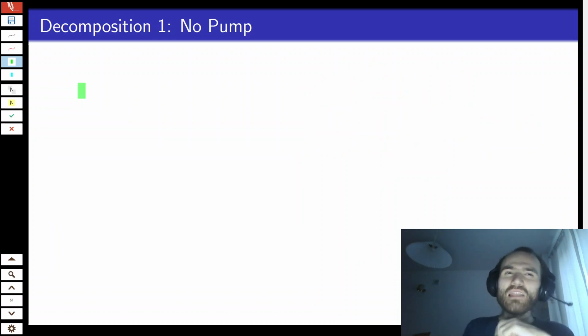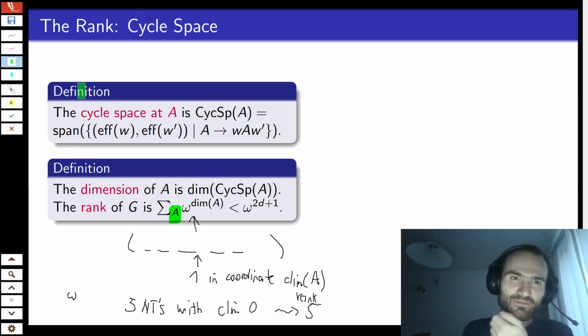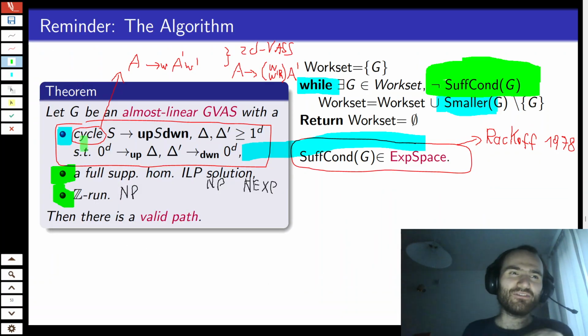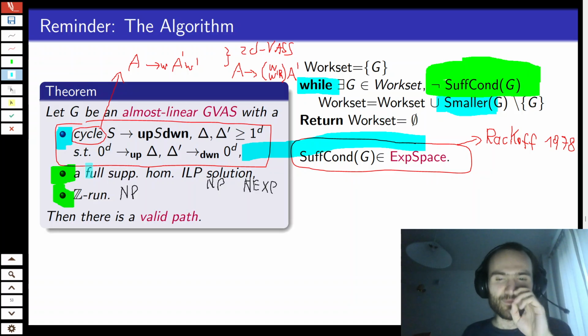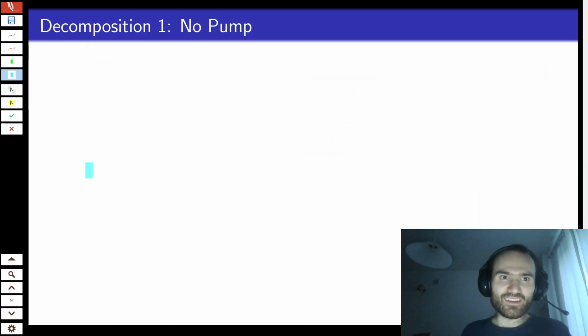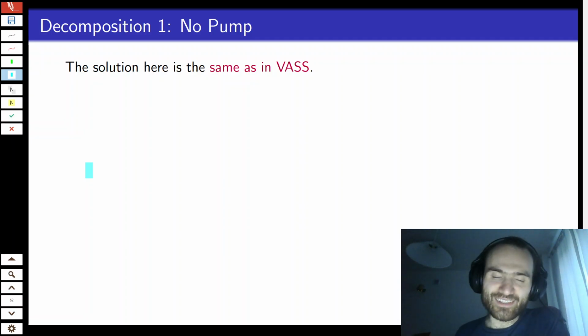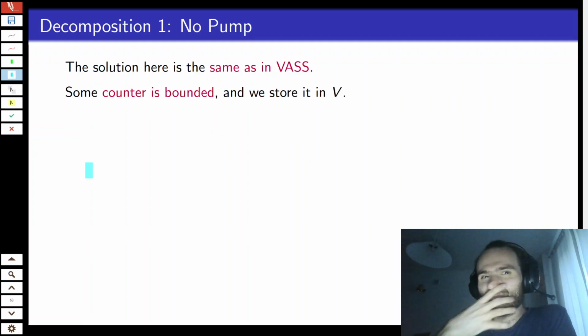Okay, so decomposition number 1: what happens if you don't have a pump? Remember, which conditions did we have? We had the condition that there is supposed to be a pump and these two ILP-based conditions. Now, if you don't have a pump, then the solution is the same as in VASS, in case you know how it works in VASS.